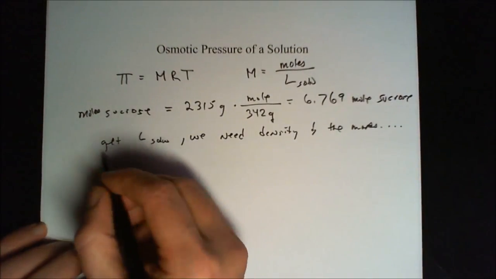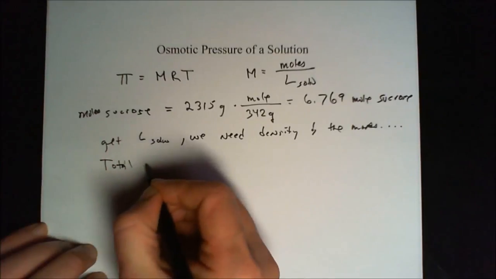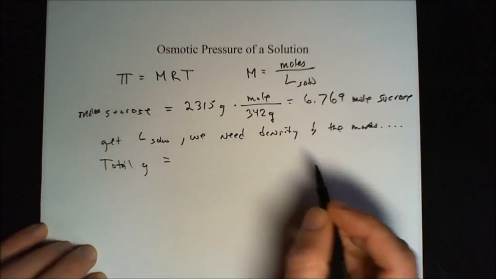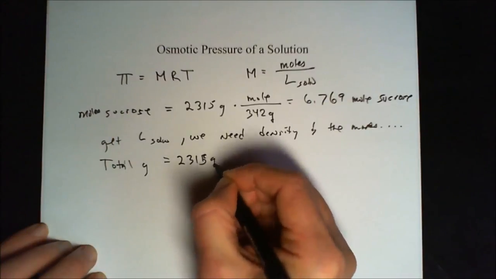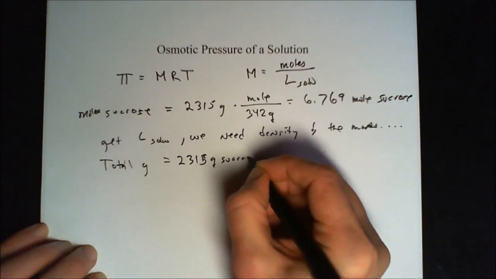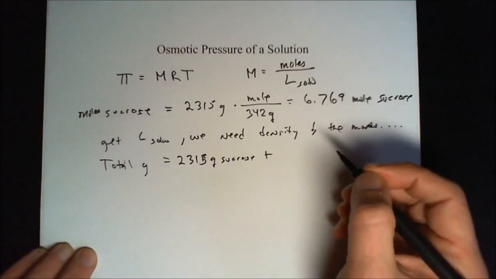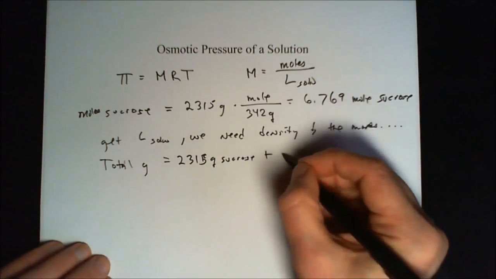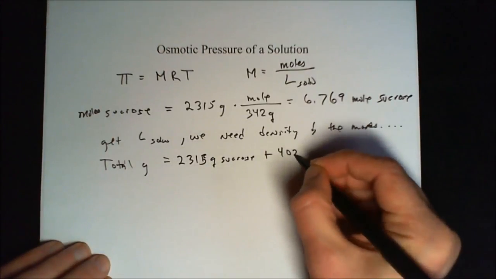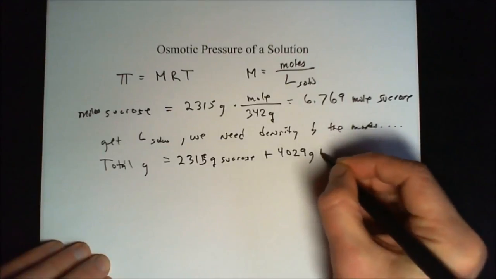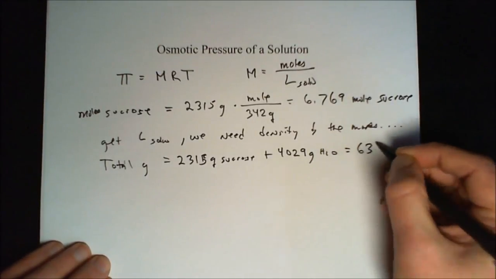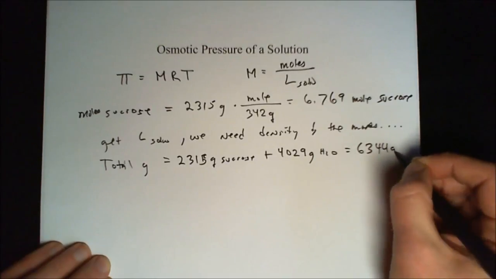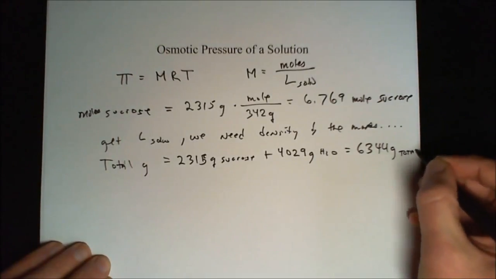And our total mass is going to be the mass of the sugar, which is 2315 grams sucrose, plus the mass of the water, which was 4,029 grams, which is going to be equal to 6,344 grams total.